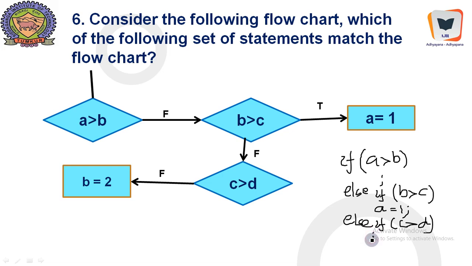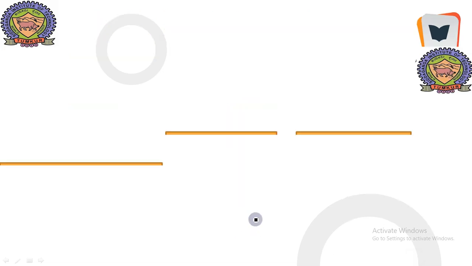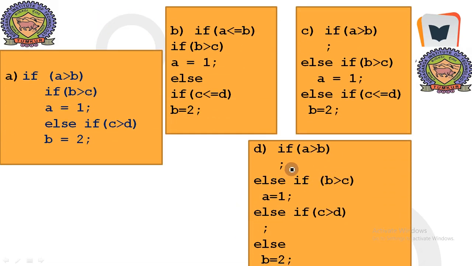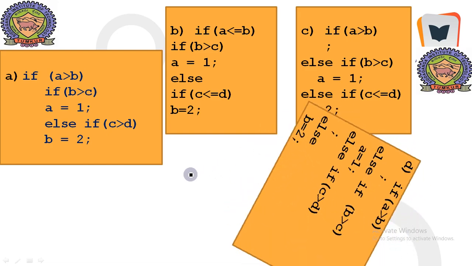Therefore, we will put a semicolon, empty statement. Then else, we will complete the block. If ladder, else ladder, by putting B equal to 2. So this should be the answer. So if A greater than B, this is the answer.